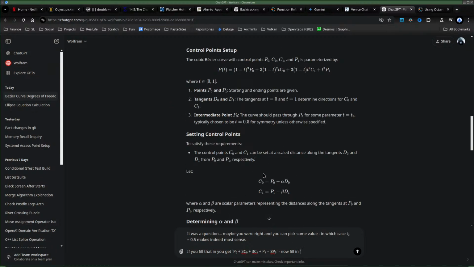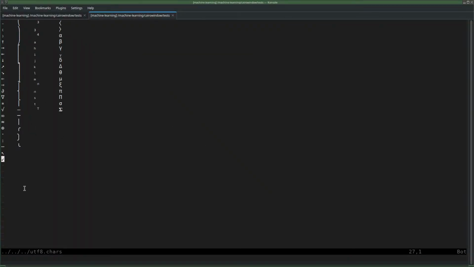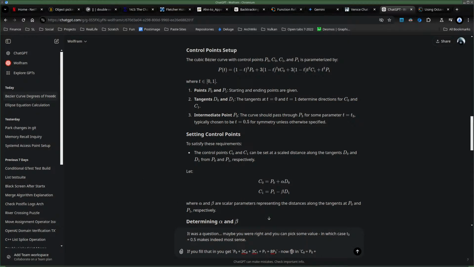And then this one, so that would be C. T0 is B0 plus alpha. Why do I not have an alpha here? Oh, here I have it, alpha. Plus alpha D0.